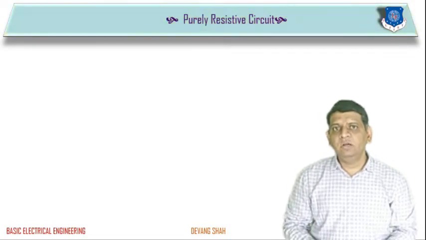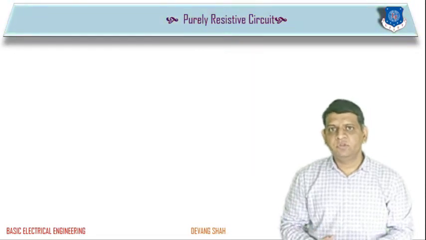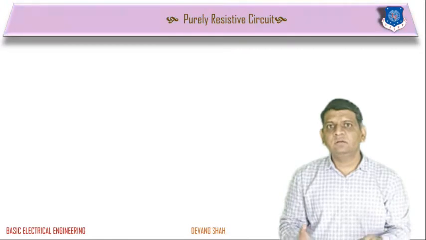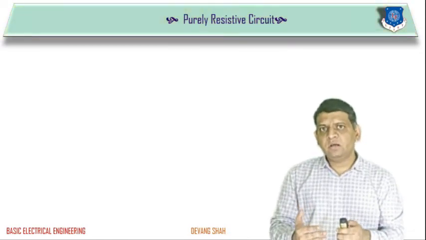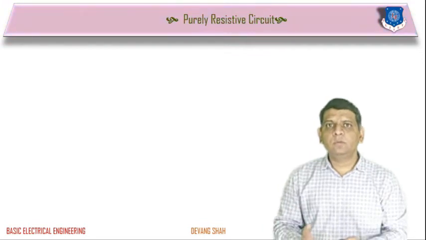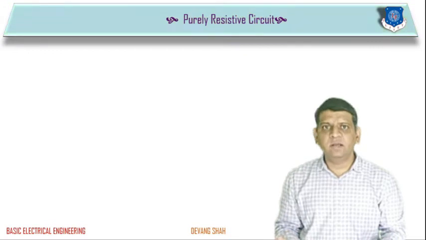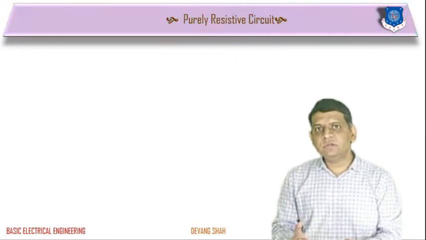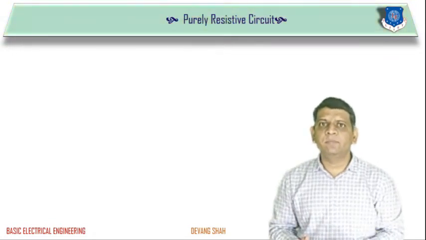to only a resistive network. In this session, we have to apply the AC signal to resistor, inductor, and capacitor individually. If you take the resistor alone, it is called a purely resistive circuit. If you take only the inductor in the circuit, it is called a purely inductive circuit. And if you take only the capacitor in the circuit, it is a purely capacitive circuit.